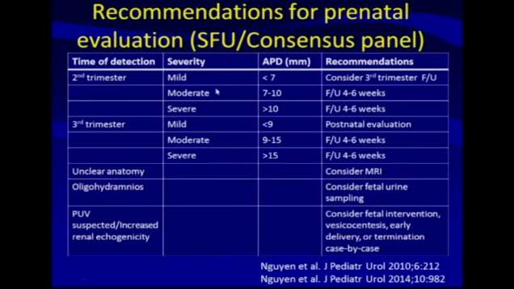But when the degree of hydronephrosis is moderate or severe, you're going to recommend follow-up in 4 to 6 weeks to take a look at how the degree of dilatation is doing. If there is any oligohydramnios, suspected posterior urethral valves, or suspected renal cystic dysplasia, these are the kind of areas where you might want to consider some sort of intervention.